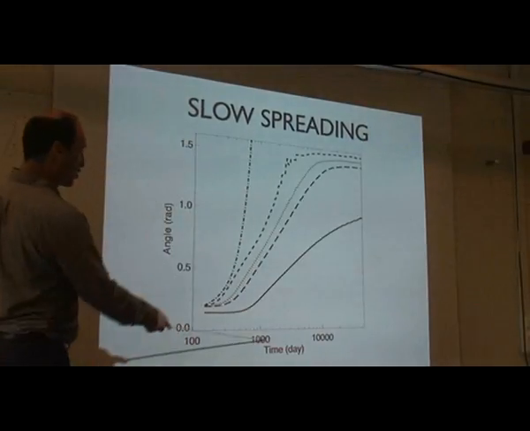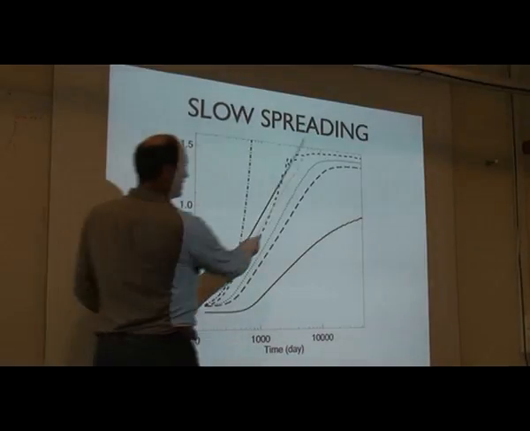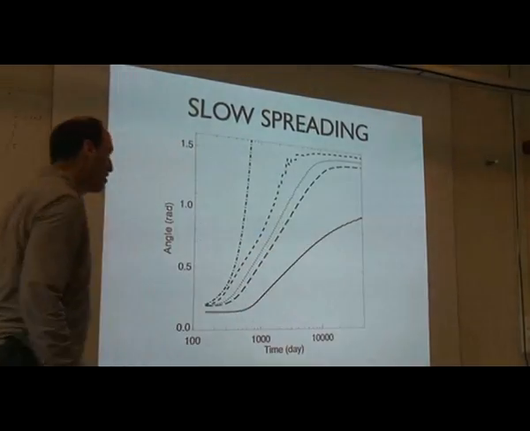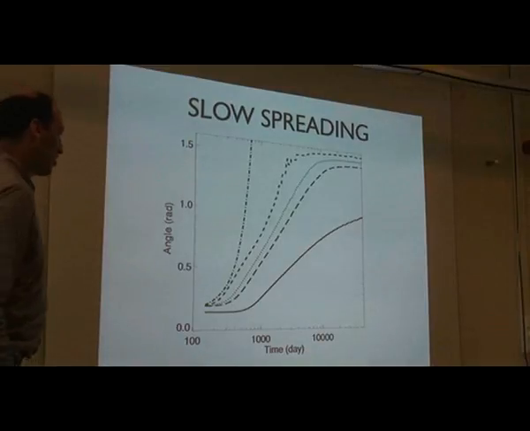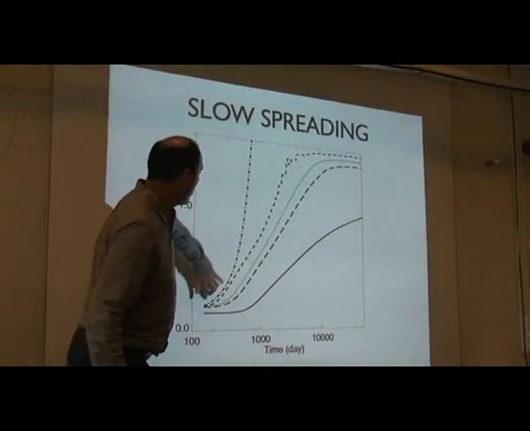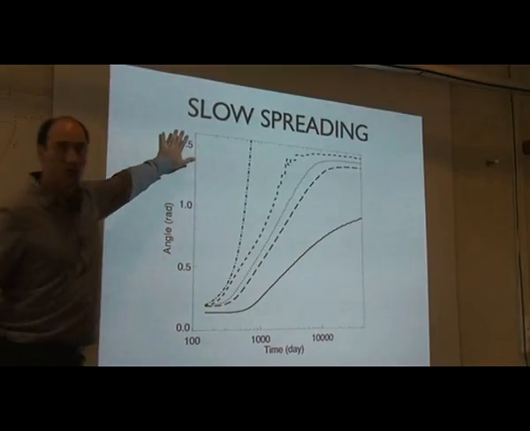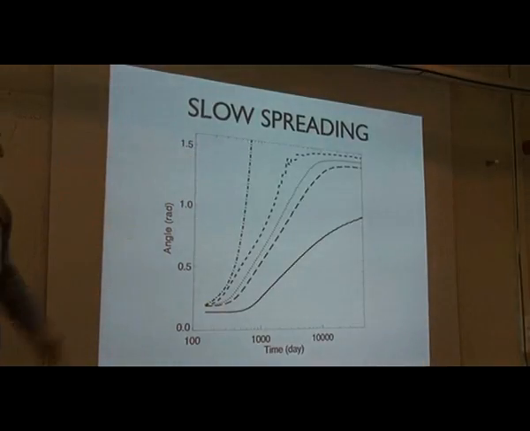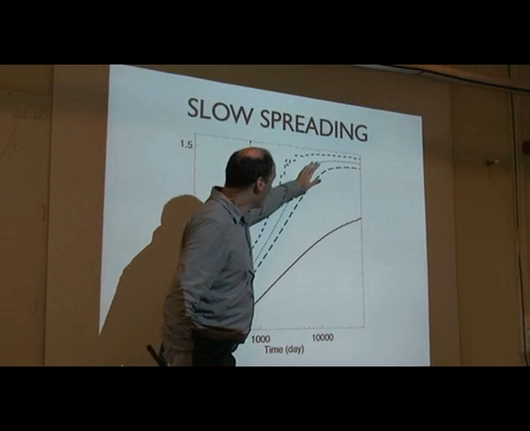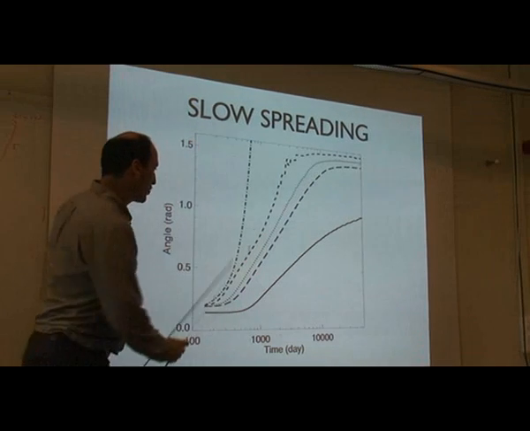This shows as a function of time the angle within which 99%, 95%, 90%, and 50% of the energy is. So in these analytic estimates, at some time the energy just immediately spreads to the whole sky, whereas in the simulation we see it's a much slower process. So this is the difference. The spreading is much slower.